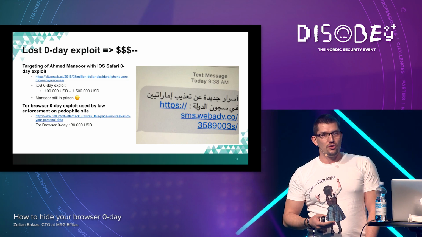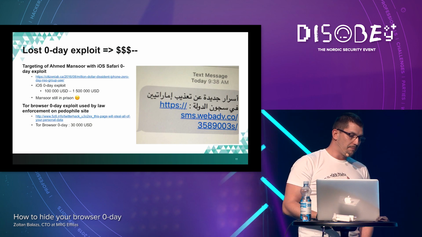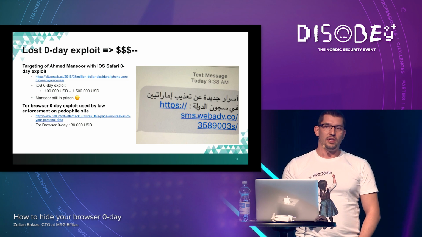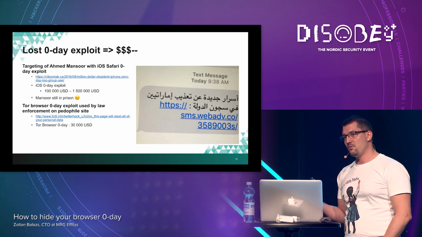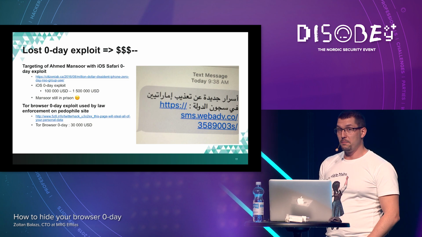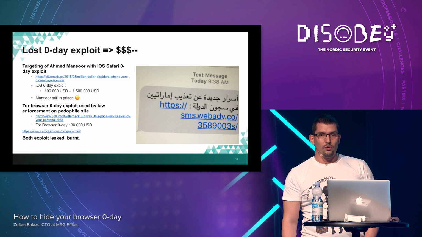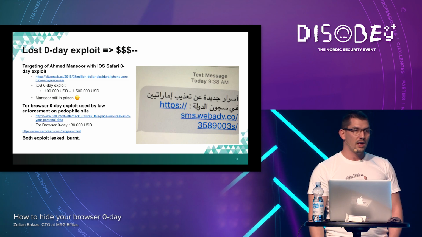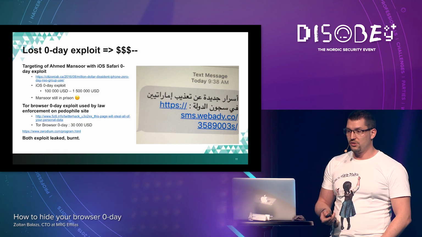So they reverse engineered the code and patched it, and because this happened so fast, the law enforcement guys were not able to catch so many bad guys. So in both cases, the exploits were burnt pretty quickly, and someone lost a lot of money.